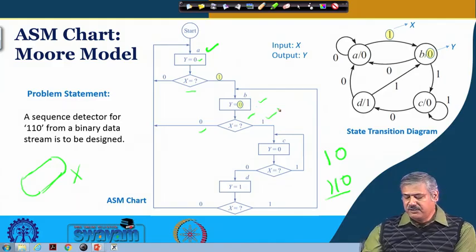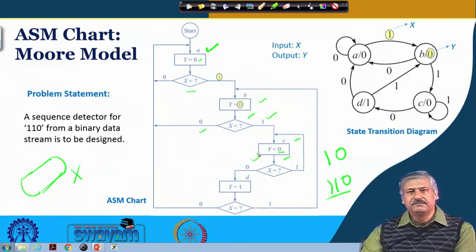And if it receives 1, that means 2 bits have been detected properly. So that is state C. Since only 2 bits are detected so far, the output is y is equal to 0. Fine. And then at C, again it verifies the input x, whether it is 0 or 1.